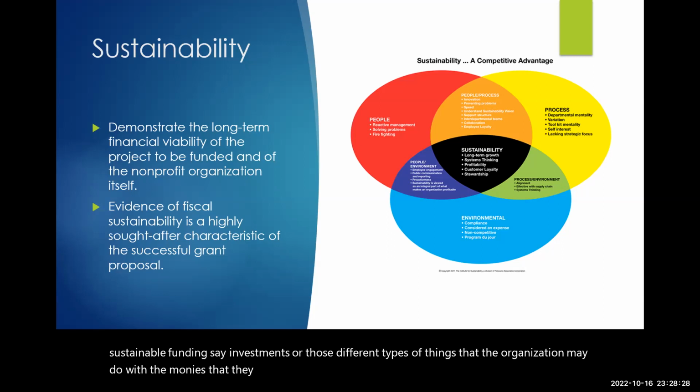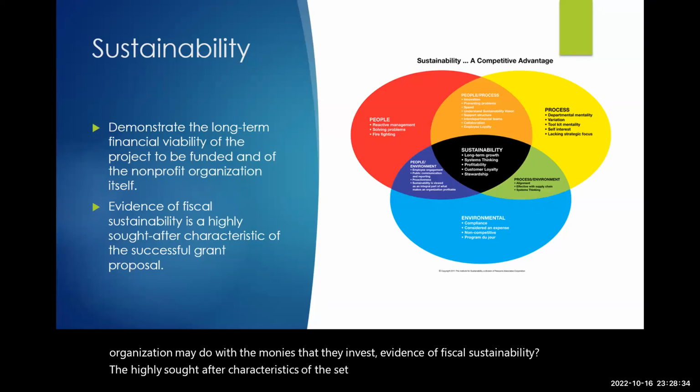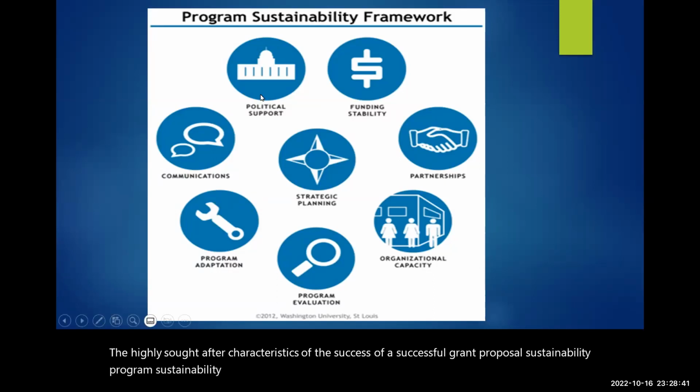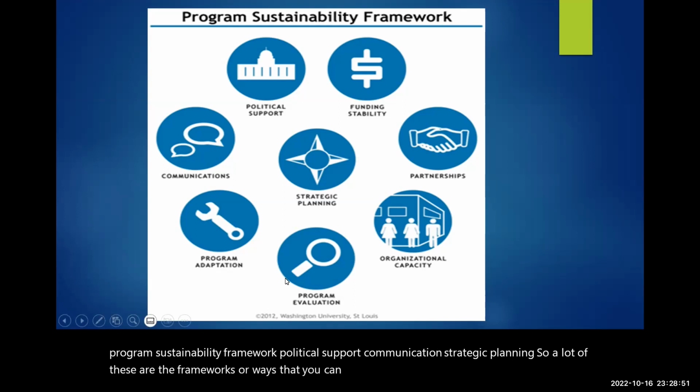Evidence of fiscal sustainability is a highly sought after characteristic of a successful grant proposal. So sustainability, program sustainability framework: political support, communication, strategic planning. A lot of these are the frameworks or ways that you can ensure sustainability.